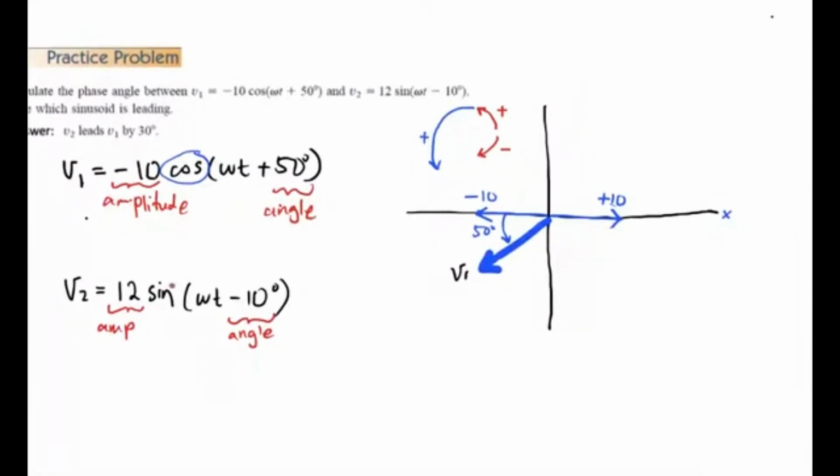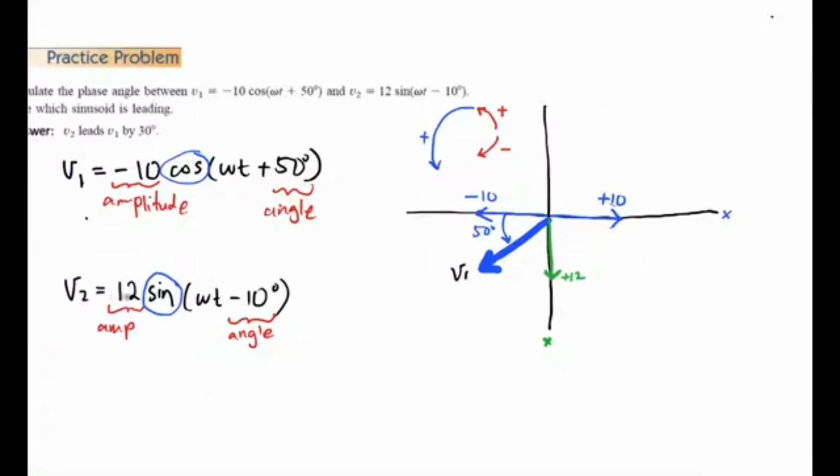Since this is a sine, your reference would be somewhere from here, this axis. Starting from this axis, you are going to draw this phasor V2. The amplitude is positive 12, meaning the direction is this way, positive. This is positive 12. You can anticipate that if it is a negative 12, then it will point upward.